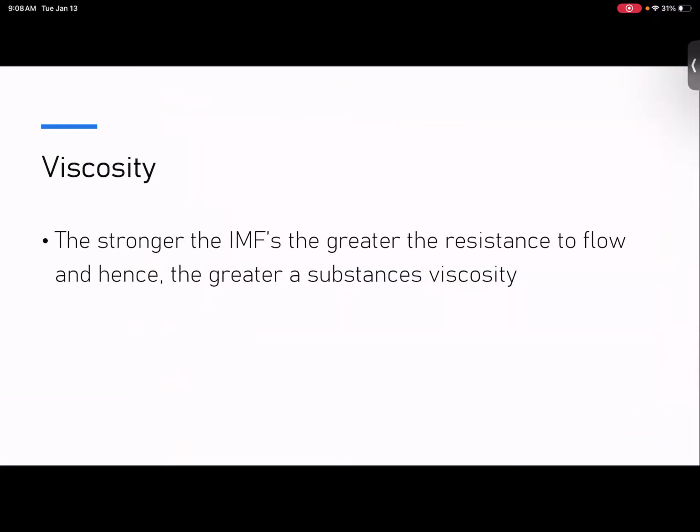So the stronger the IMFs, the greater the resistance to flow, and hence the greater a substance's viscosity.